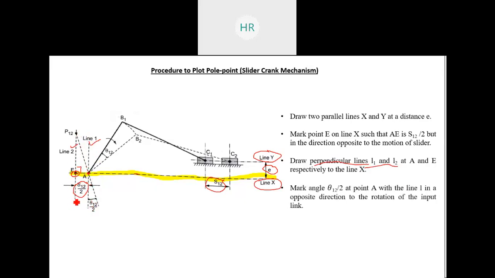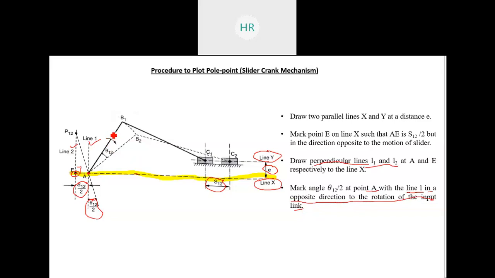Then after that, mark an angle theta 12 by 2 at point A with the line L1. हमको ये थीटा 12 by 2 जितना एंगल मेजर करना है लाइन 1 से in an opposite direction to the rotation of the input link.